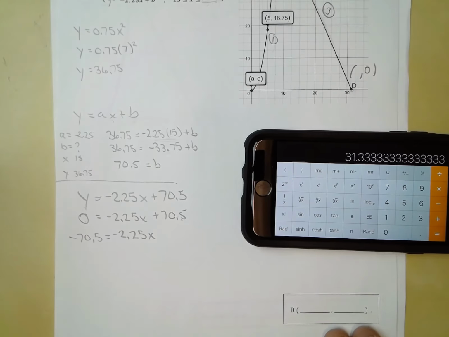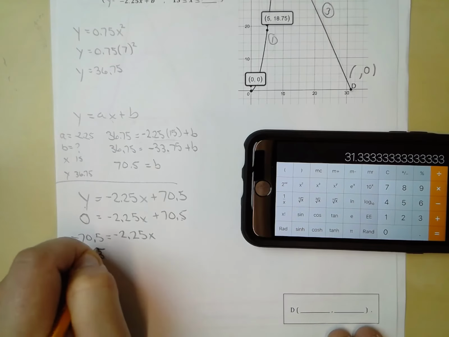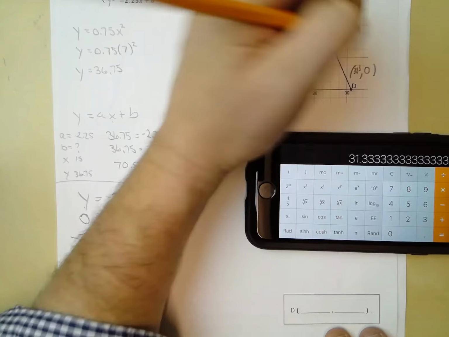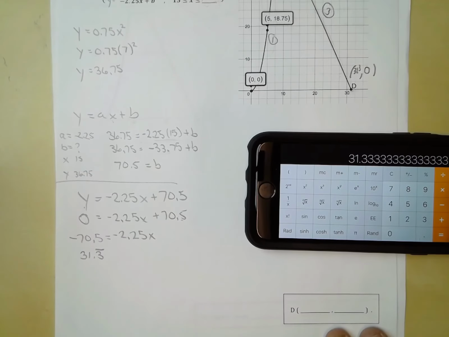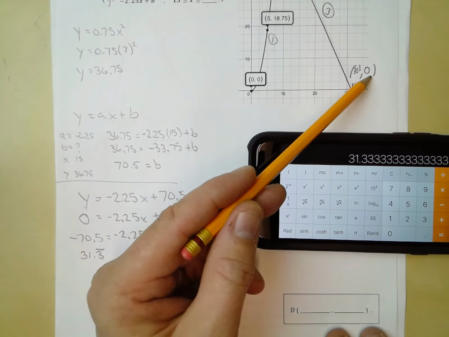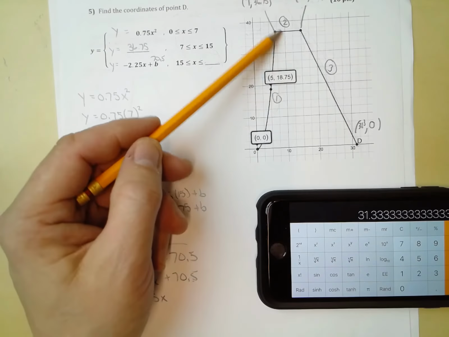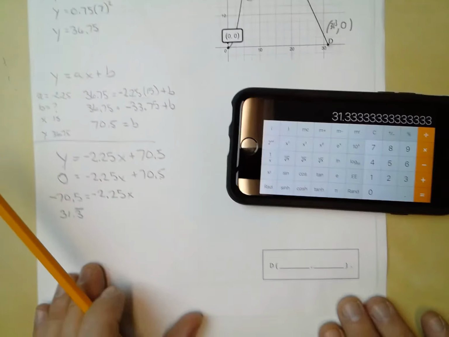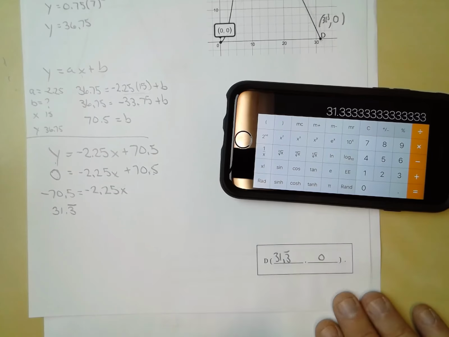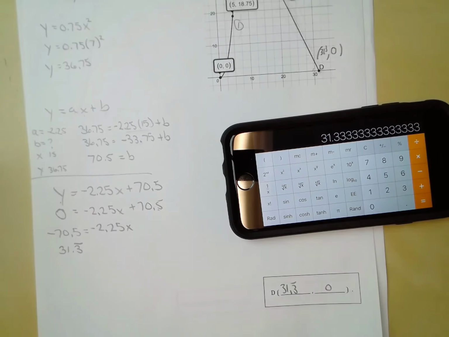That gives me a positive 31.3 repeating. So what that means is 31.3 repeating, 31 1/3, is the value of the x when the y is 0 according to the rule. It's all about getting the rule of the third function. It's all about getting that third function rule. So down at the bottom now, I can answer the question. 31.3 repeating, comma, 0 is the value of point D. One more to go.